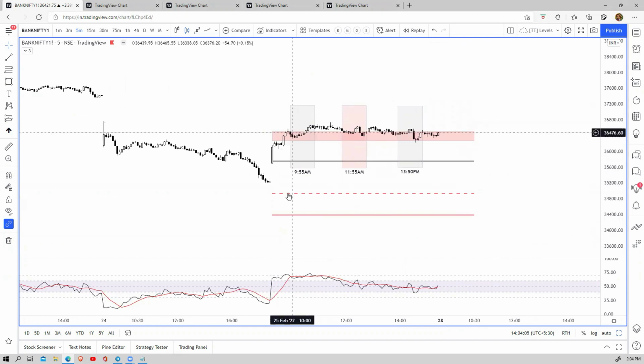These lines I gave on Thursday for a Friday market. These vertical rectangular boxes are the time-based ones.